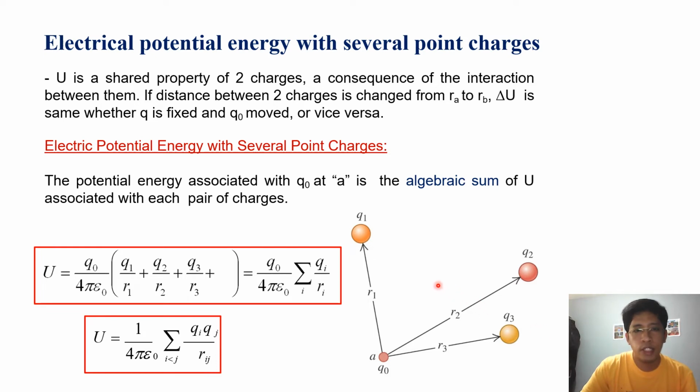Then the potential energy associated with Q naught here is just the potential energy of Q1 and Q naught, plus Q2 and Q naught, plus Q3 and Q naught, which mathematically, your U is equal to Q naught over 4 pi epsilon naught times Q1 over R1 plus Q2 over R2 plus Q3 over R3, and so on and so forth. Or that is your Q naught over 4 pi epsilon naught times the sum of Qi over Ri, where your i is the number of charges associated with your Q naught.